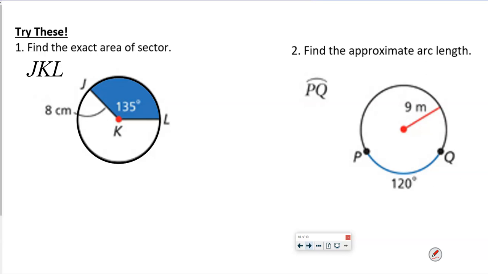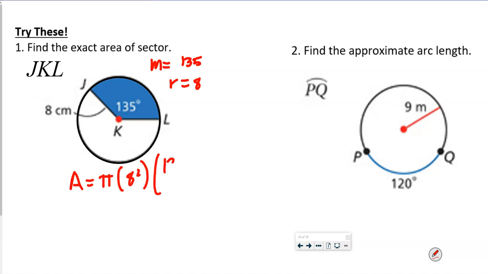Okay, so this first one says find the exact area. So again, m is equal to 135 and r is equal to 8. Our formula area is equal to pi times the radius, which is 8 squared, times 135 over 360.